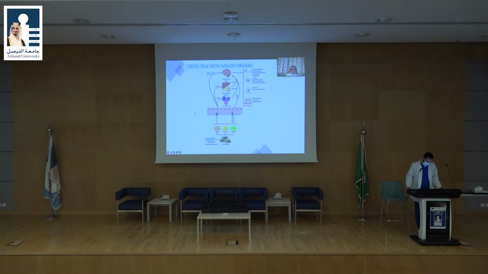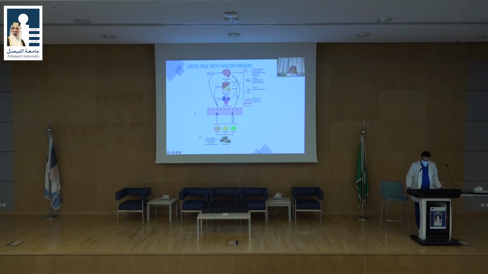One thing I must mention here: diet is the most important product which regulates our microbiome. If you are eating a healthy diet, your microbiome will be healthy. If you are eating a Western diet or junk foods, your microbiome will unfortunately be disturbed.